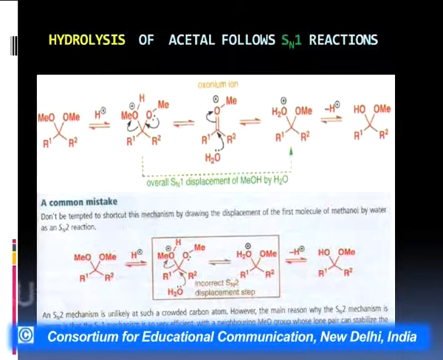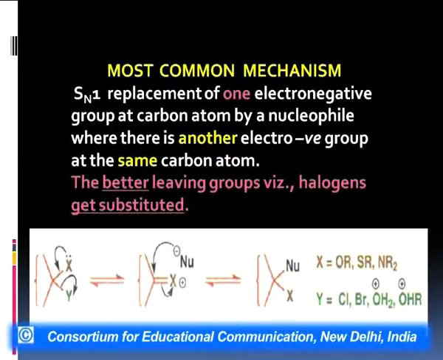Then the group which is less basic will depart. So in this case, what I've shown here is that if we have halogens, they will leave easily, or if you have an OH2 group, that will leave easily as compared to an OH group.